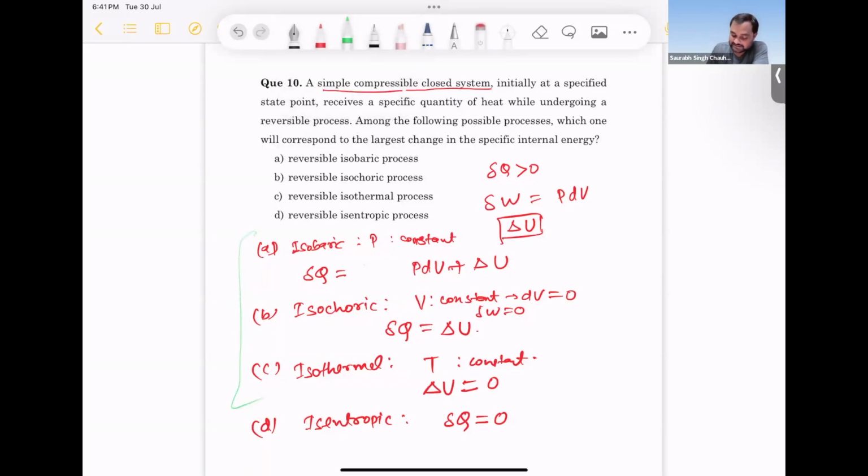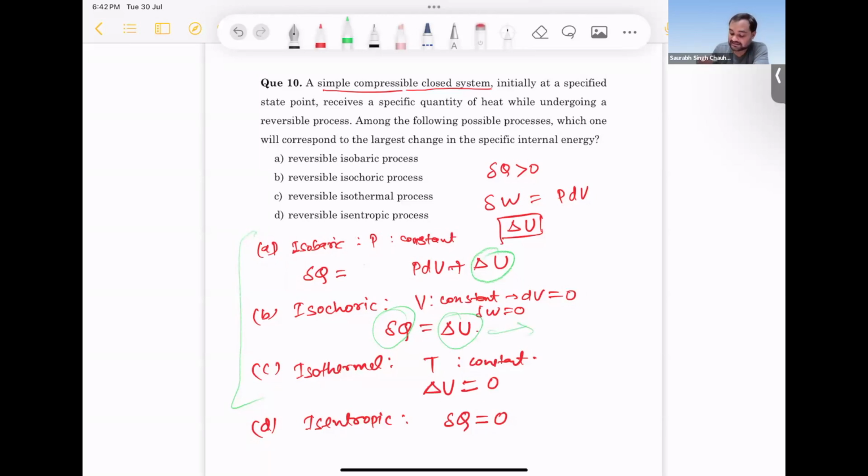In the first part, since heat is divided into two parts, delta U can be positive and internal energy can be increased, but it will not receive the maximum portion of delta Q, because some part of del Q will be wasted into PdV. In the second part, whole del Q is going into delta U, so there will be maximum change in internal energy.